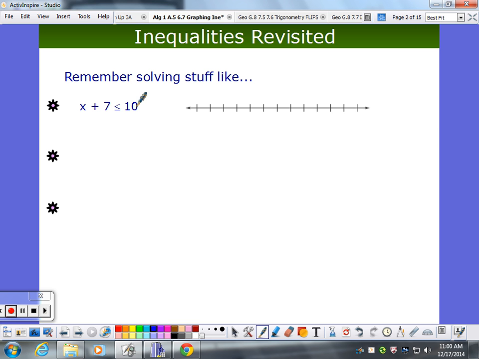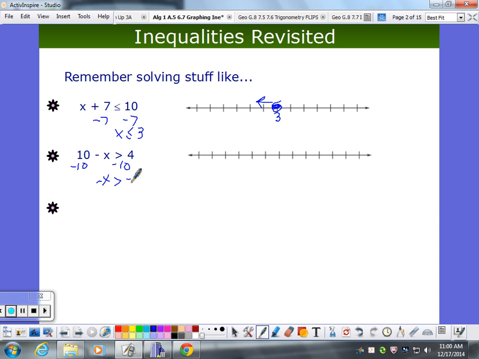x plus 7 is less than 10, right? You subtract 7, subtraction property of inequality, and you find 3. I circle it, I fill it in, less than, right? Now with x minus... I'm going to subtract 10. Not on your paper, we're just reviewing. Subtraction property of inequality. And then what happens?